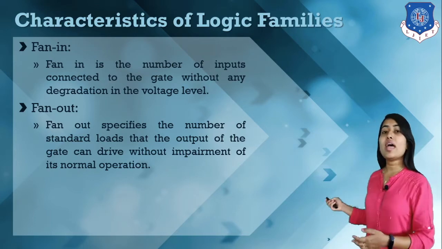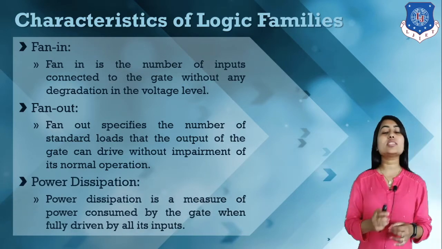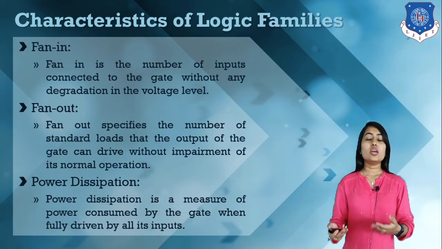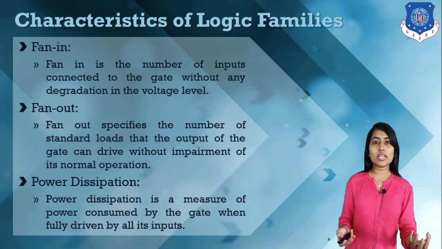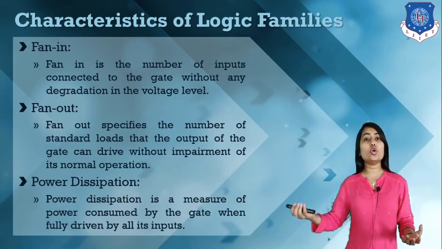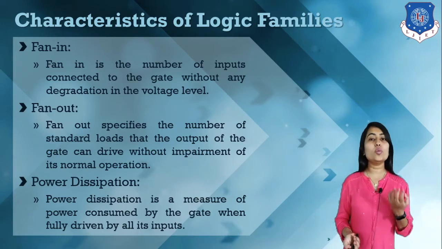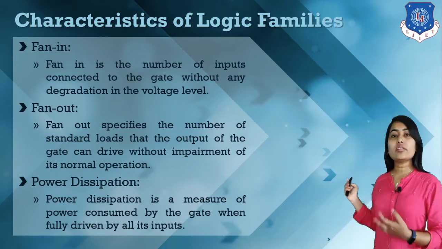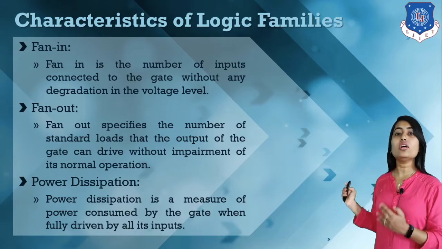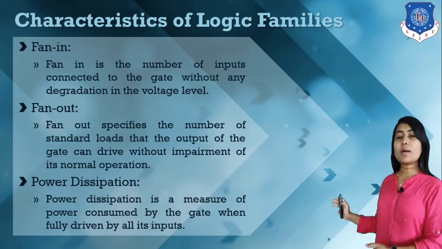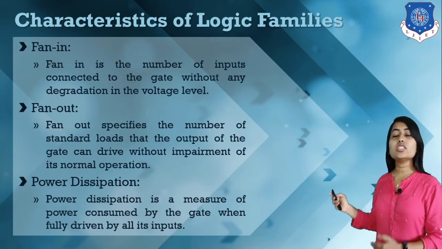Then we have power dissipation, that means the power consumed by a gate. Some circuits consume less power and some consume more, so it is necessary to use circuits which consume less power. This is another important parameter for logic families.